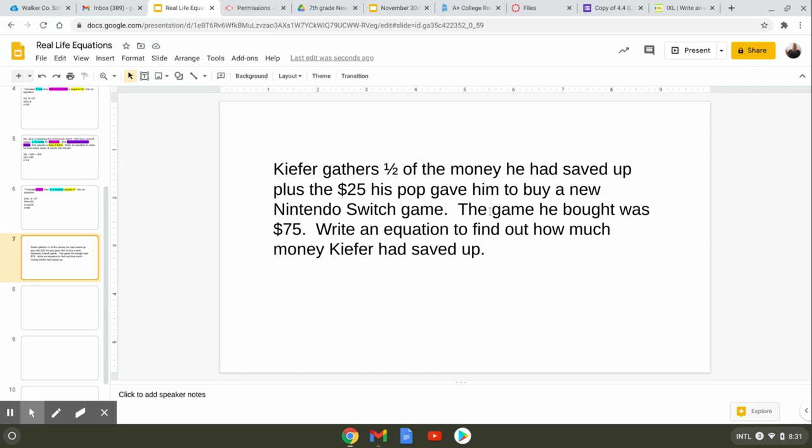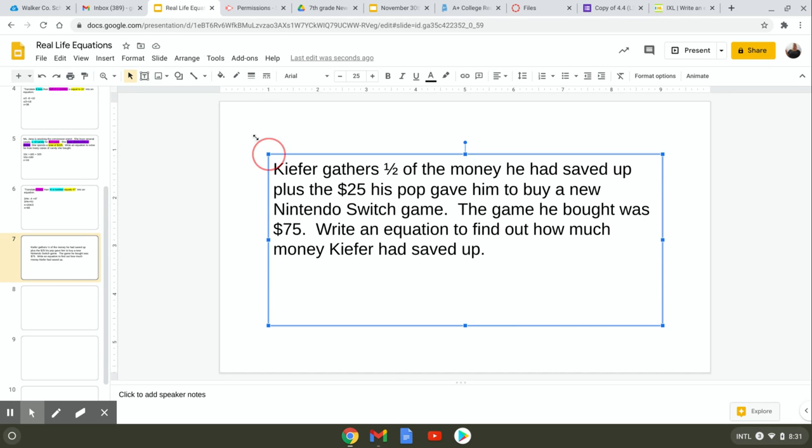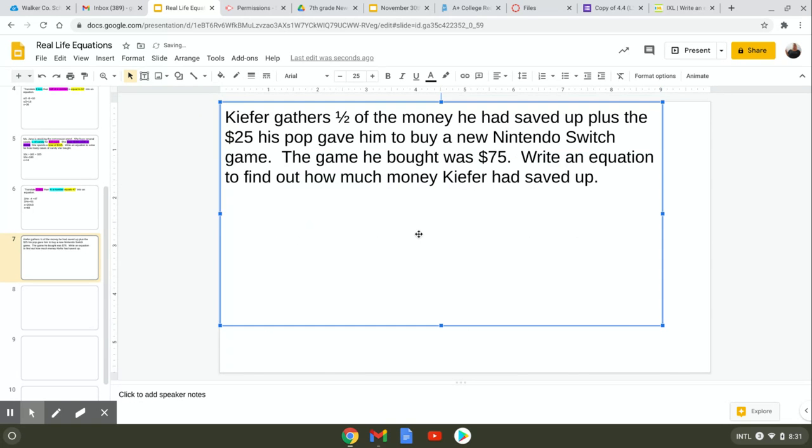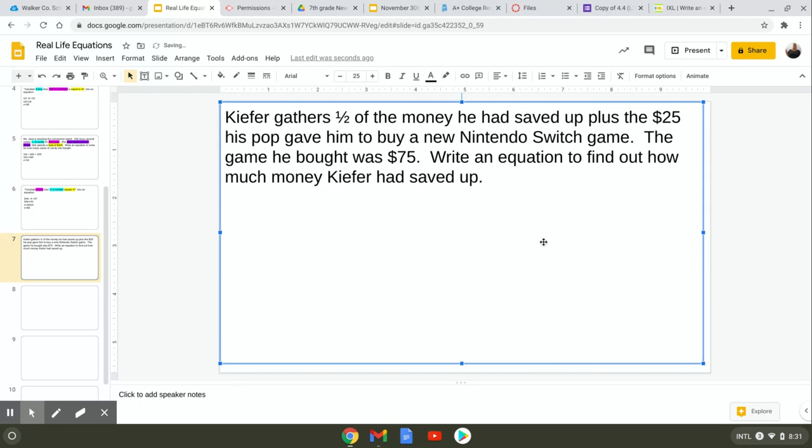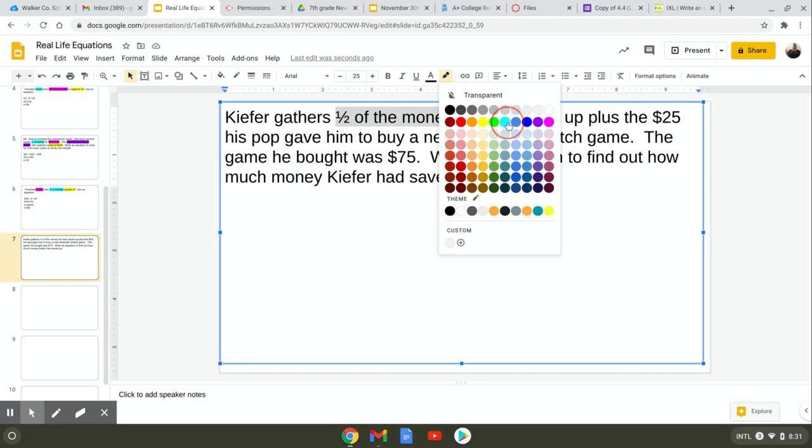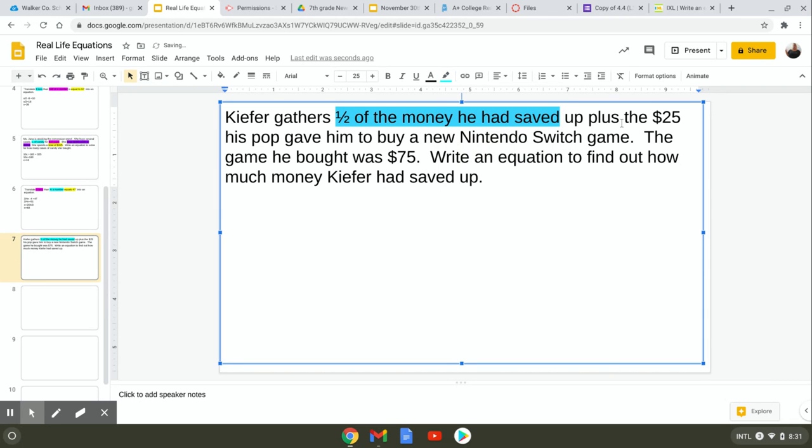So, first of all, we need to figure out how we're going to write this equation. So we have half of the money he had saved. So we don't know how much money he had saved, but we know he had half of it. And then it says plus the $25 his pop gave him.